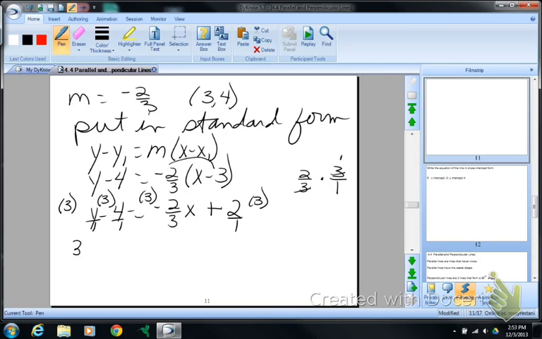So that gives me 3y minus 12 is equal to the 3's cancel, negative 2x plus 6. Okay, now what do I have to do? Make the negatives or change the sign. Add 2x to both sides.